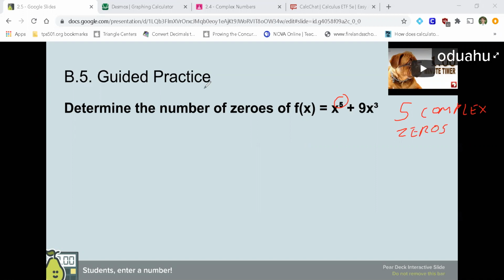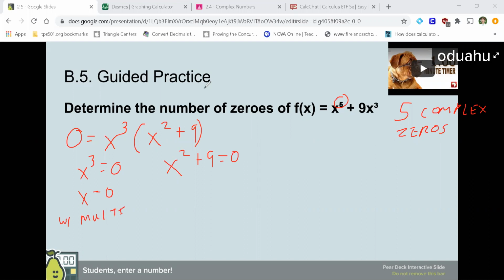To find out what they are, if we cared to, I would factor. It looks like these two have x cubed in common. If I factor that out, I'm left with x squared plus 9, which means I have x cubed equals 0, or x squared plus 9 equals 0, which means x equals 0 with multiplicity 3.